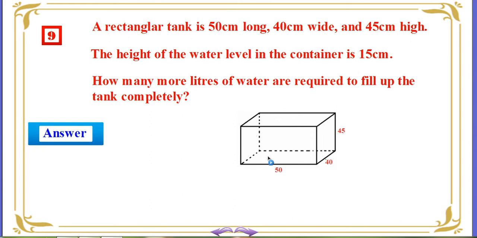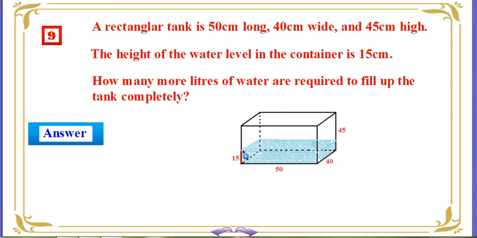Now they put the water inside. This is 15 centimeters, and the question asks how many liters. You have to put water here to fill up the tank, and you have to find the volume of the water on this side, and the side now is not the same as this one.